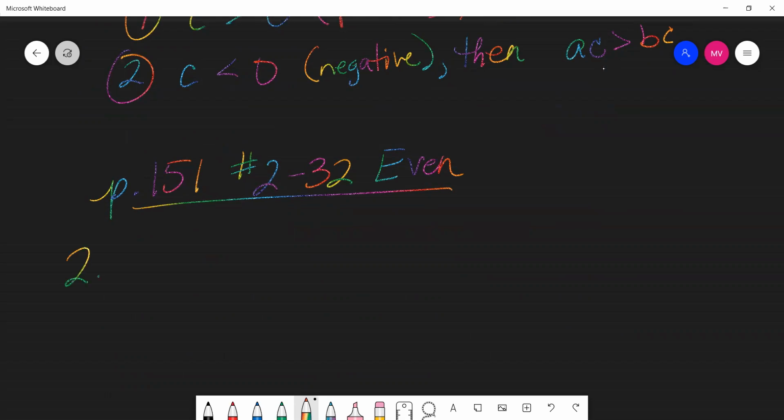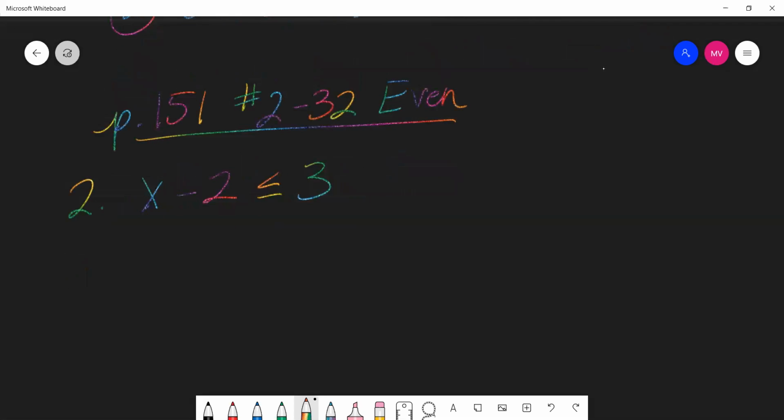All right, so number 2. In the case of 2 through 8, we need to solve and then graph the solution of each of the following inequalities. So Aiden, I'm going to start with you. Let's look at number 2. We have x minus 2 is less than or equal to 3.